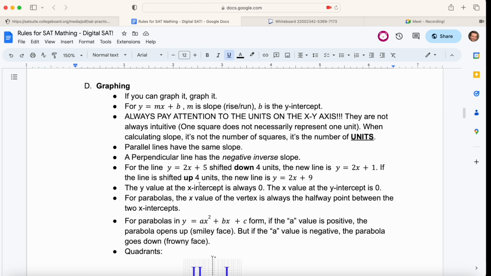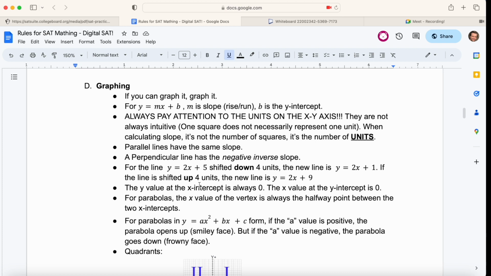For the line y equals 2x plus 5 shifted down 4 units, the new line is y equals 2x plus 1. I'm going to stop you real quick. Does it make sense why we're basically subtracting 4 from the b value in that equation? If it's going down. Keep reading, please.